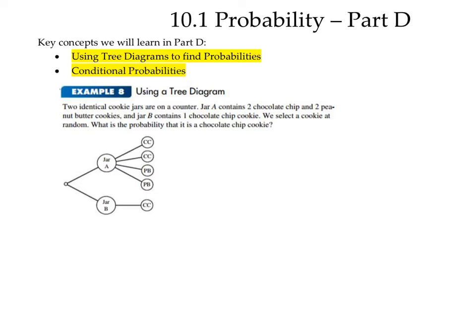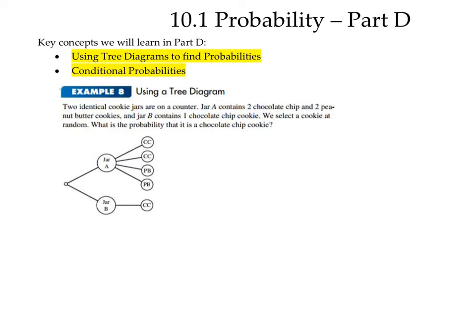We can either choose jar A or jar B at the beginning. Once we've opened jar A and we reach in, we could pick up the first chocolate chip, the second chocolate chip, the first peanut butter, or the second peanut butter. If we'd selected jar B, we would have only had one choice, and that would have been a chocolate chip cookie.